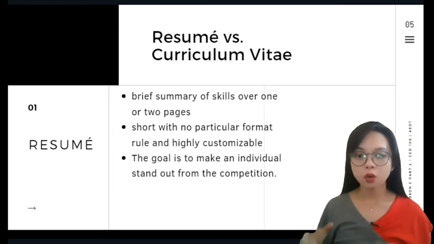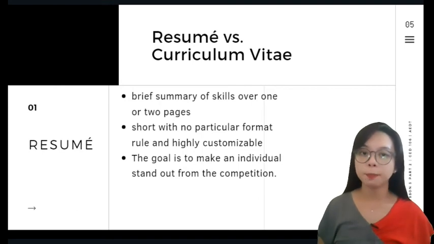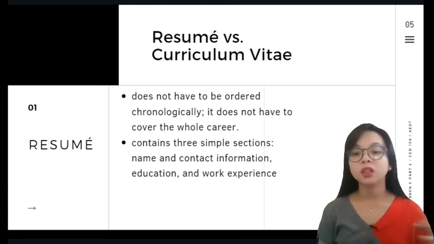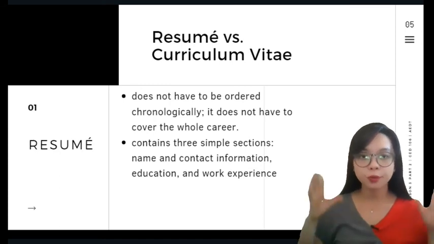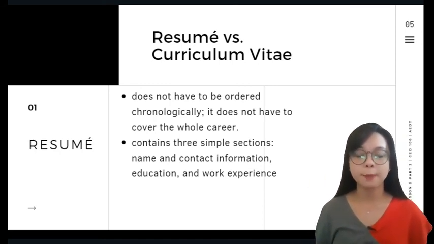The goal of this is to make an individual stand out from the competition. A resume does not have to be ordered chronologically. It also does not have to cover the whole career, just the necessary parts which are applicable and relevant to the job description that you are applying for.